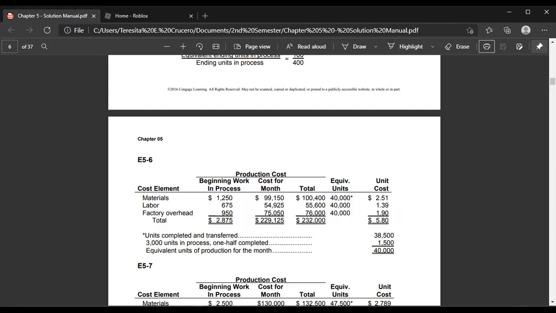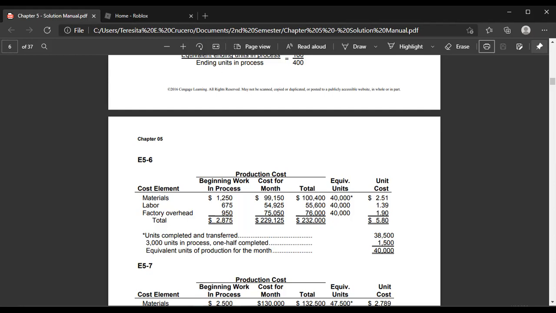So the total is 229,125 for the total cost of materials, labor, and factory overhead. Then the equivalent units for this is equal to 40,000. How do we compute for 40,000?